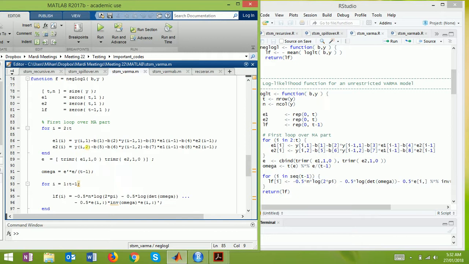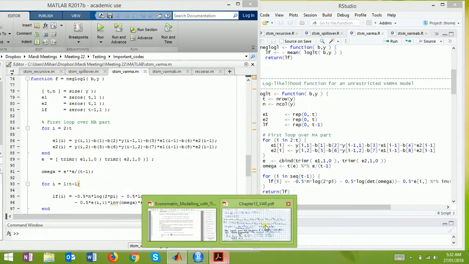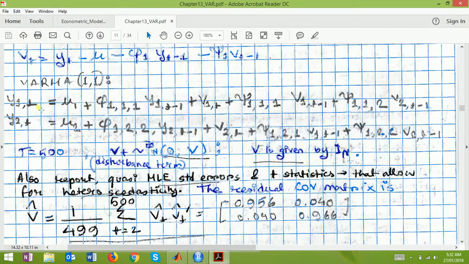Everything else we take on the left hand side, basically, except for this part.